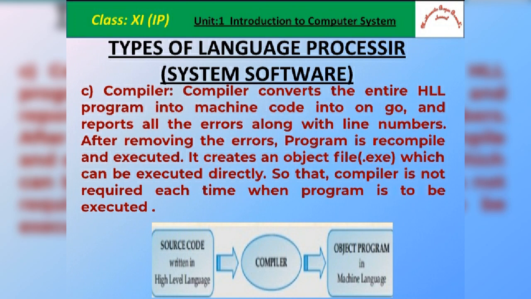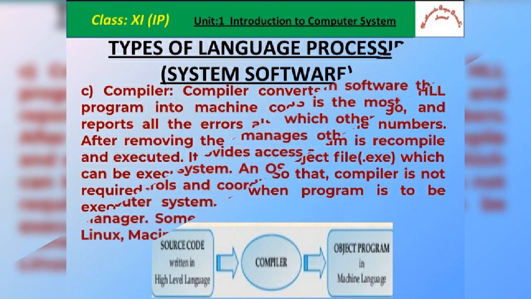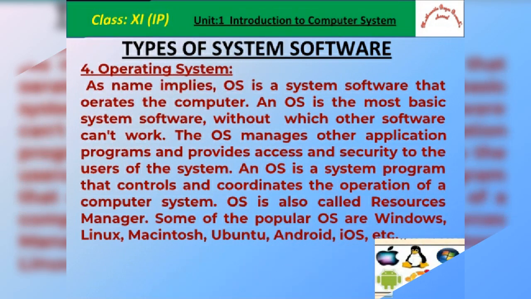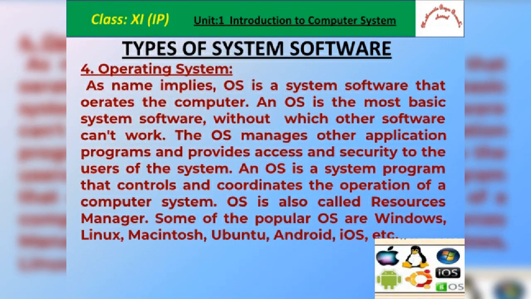Then the most important system software is the operating system. As the name implies, the operating system is the system software that operates the computer. An operating system is the most basic system software, without which other software can't work. The operating system manages other application programs and provides access and security to the user and the system.